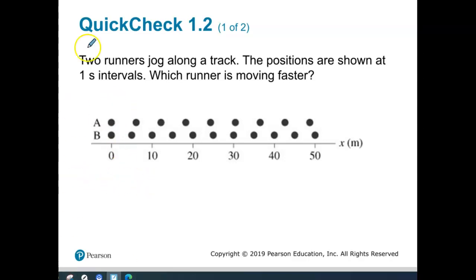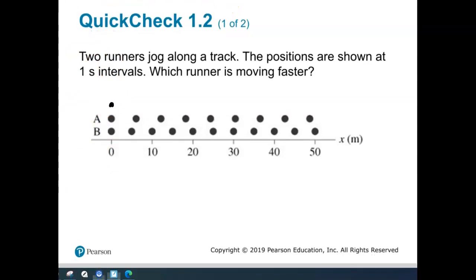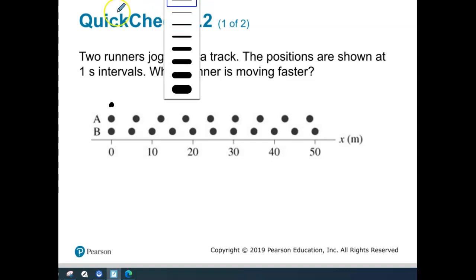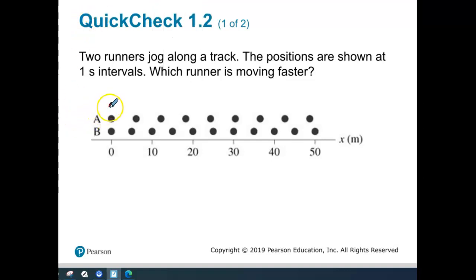So again, every dot here represents a unit of time. And so this would be 0 for A, 1, 2, 3, 4, I'm going to let you count, 5, 6, 7, 8 seconds here.